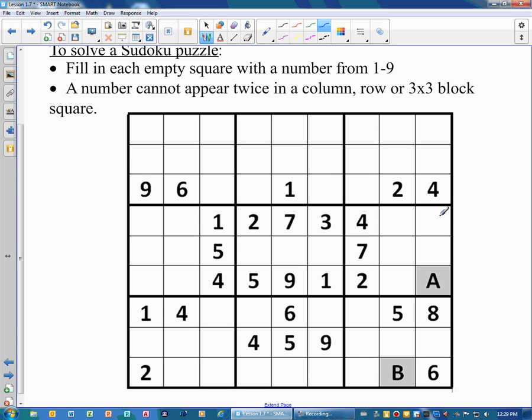And remember that in this 3x3 square, I can only have 1, 2, 3, 4, 5, 6, 7, 8, or 9. In this row, I can only have 1, 2, 3, 4, 5, 6, 7, 8, or 9, and then in this column. Okay? So there's lots going on in this row, so let's use that to start with. Okay, so in here, I couldn't have a 1, I couldn't have a 2, but I could have a 3.